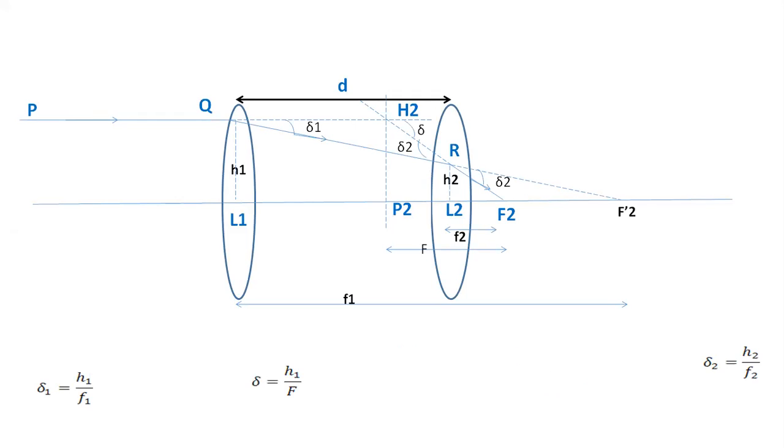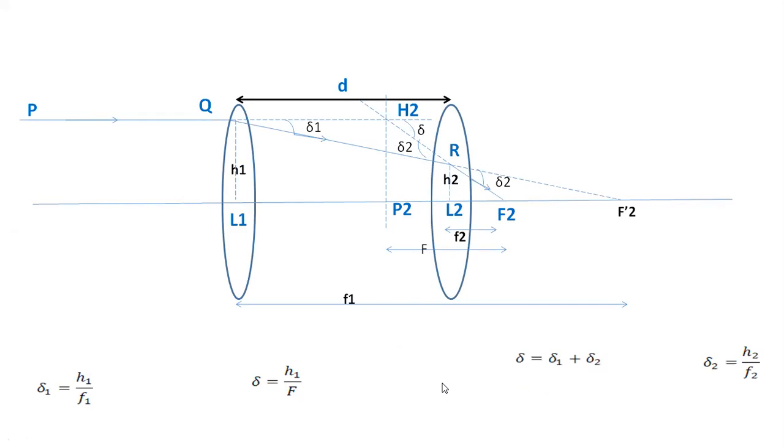Okay. Therefore, we have derived the expression for deviation produced by the equivalent lens. Delta is equal to H1 by F. What I have told you: this is the exterior angle delta, and these are the two opposite non-adjacent interior angles.